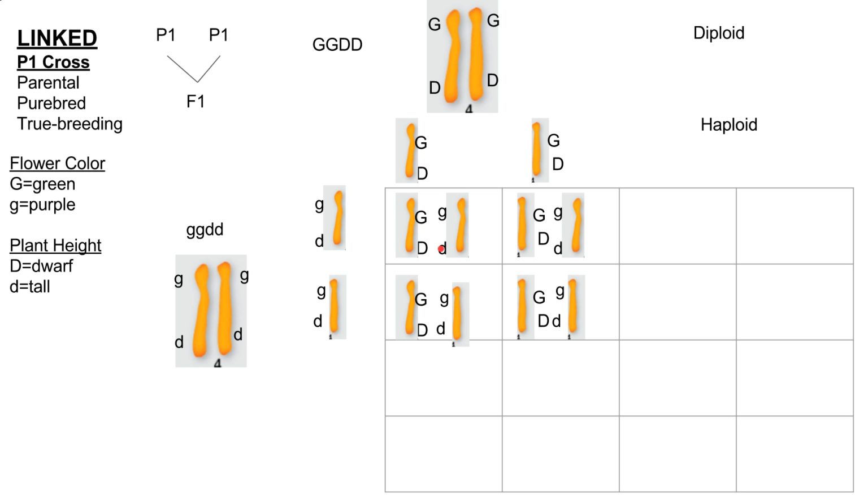Because all of these are the same, this whole F1 generation is identical from a genotype and phenotype standpoint. They're all heterozygous and display the dominant phenotype. So the F1 genotype, heterozygous, phenotype, dominant.